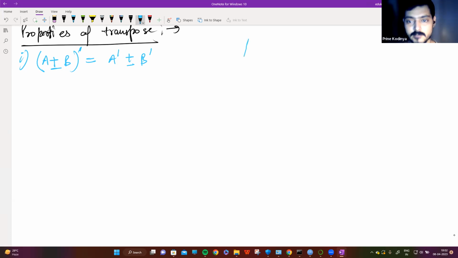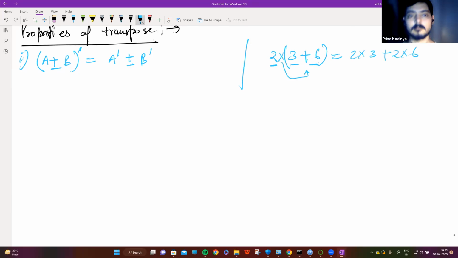Now what do we mean by distributive? Distributive property is this. Distributive property means, can I distribute 2 with both of them? Or will 2 get distributed when it gets inside? Yes. It will be 2 into 3 plus 2 into 6. It means that multiplication is distributed.